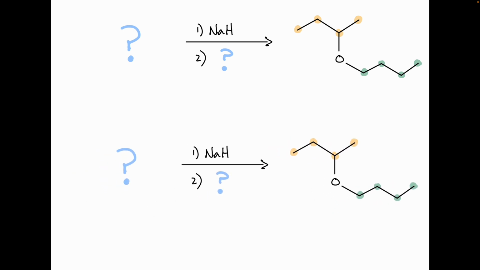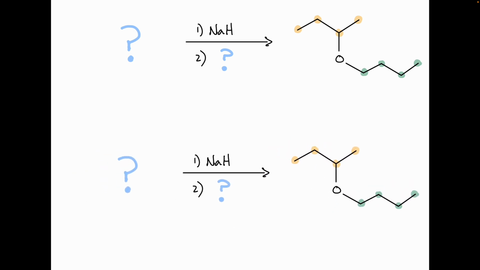All right, so we got our asymmetric ether here. All right, and we can cut it up in one of two ways. We can either make it so the orange fragment is our alcohol and the green fragment is our alkyl halide.